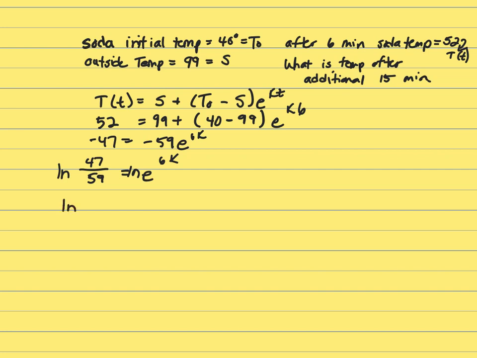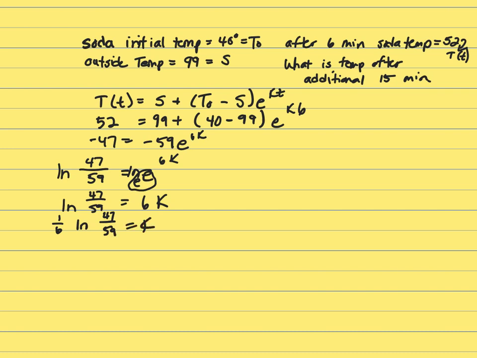So now we have ln of 47 over 59 equals, notice how these match, so you use that property of logarithms, and you're left with 6K. And now divide both sides by 6, which would be 1/6 ln 47 over 59 equals K.